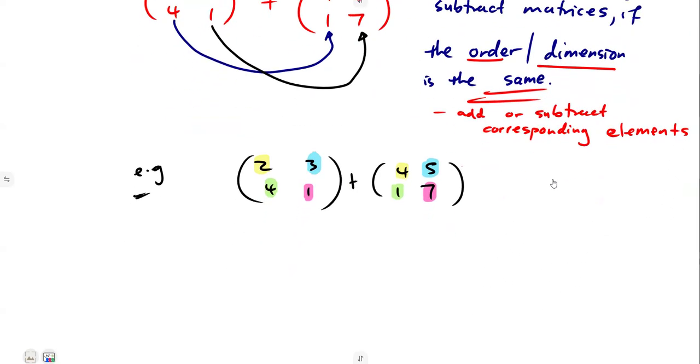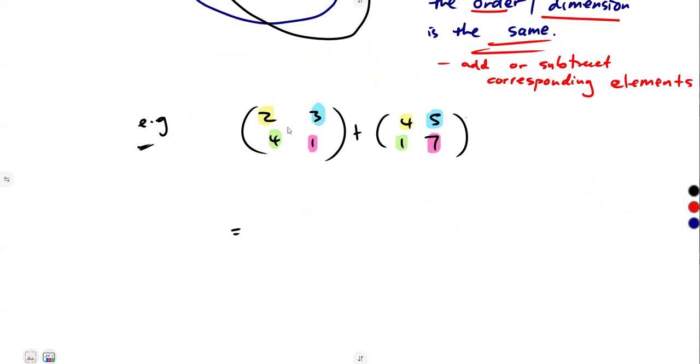So in order for us to add, we are going to combine them together, 2 and a 4. So you add 2 plus 4. You move on to the next element, which is 3, corresponding to 5. So 3 plus 5, a 3 and a 5.